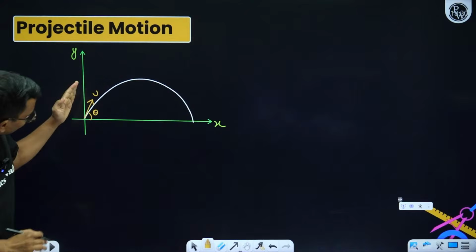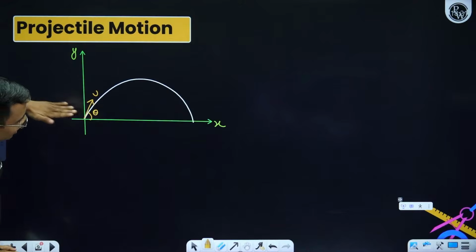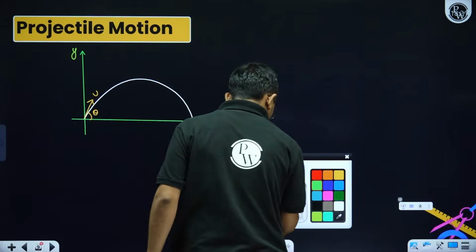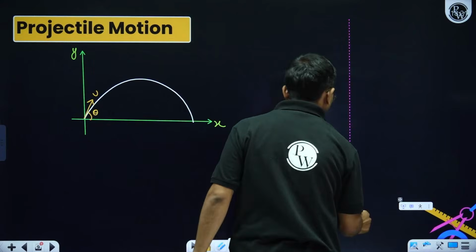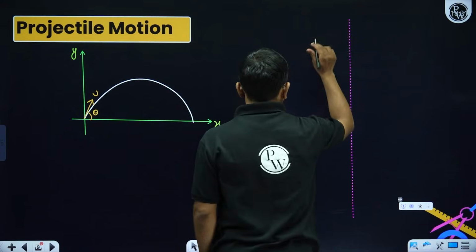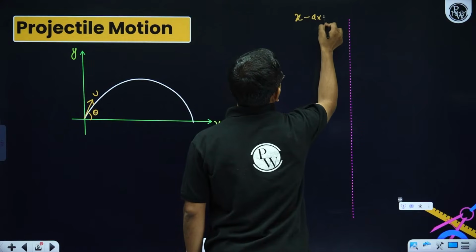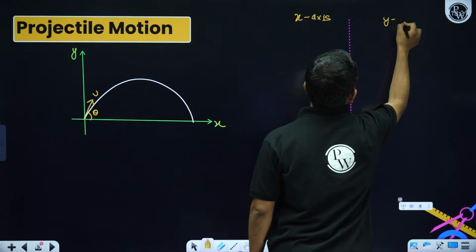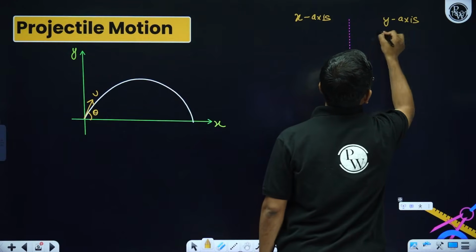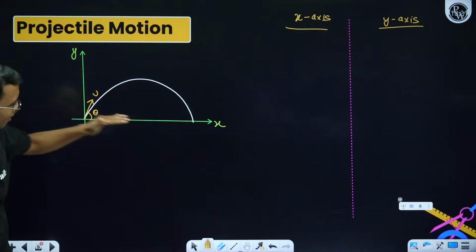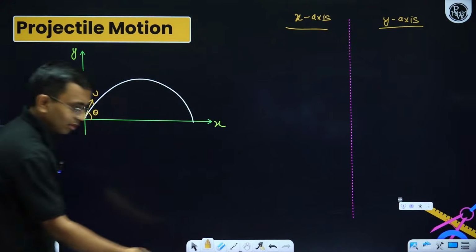Now just observe the motion separately along the x-axis and separately along the y-axis. Along the x-axis, what is the initial velocity? u cos theta, the horizontal component.